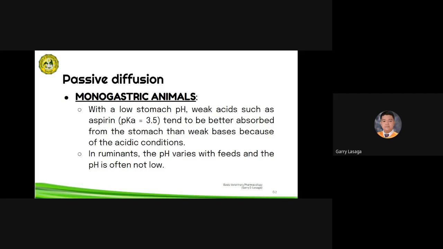In ruminants, the pH varies with the feeds, and the pH is often low. Usually, ruminants have a higher stomach pH, inclined towards the basic side, so that the absorption of drugs administered in monogastric animals will differ from those administered in ruminants, because their pH differs from each other.